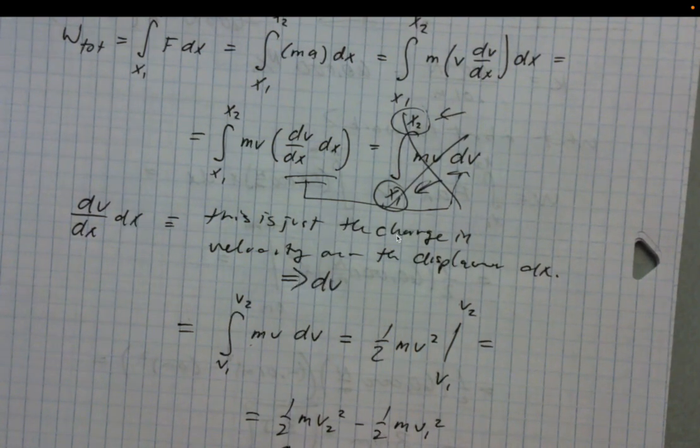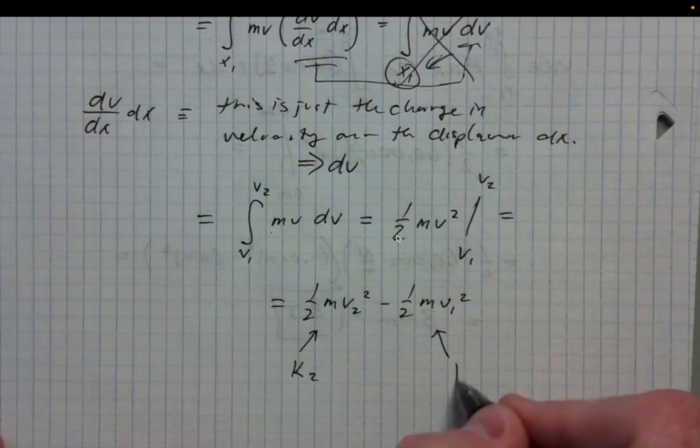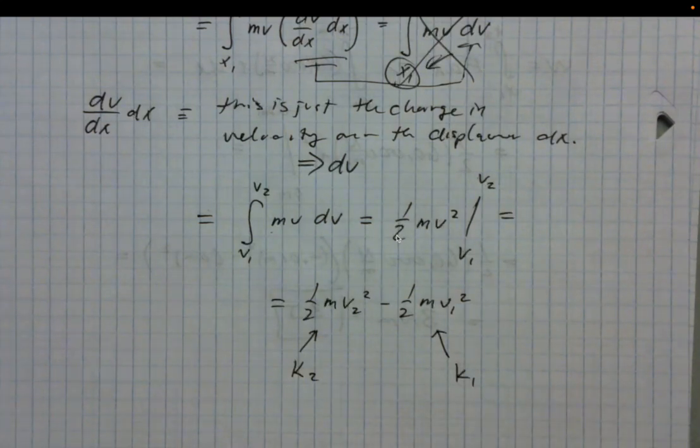This is K2 minus K1, the final and initial kinetic energy. So this is the same formula we saw previously.